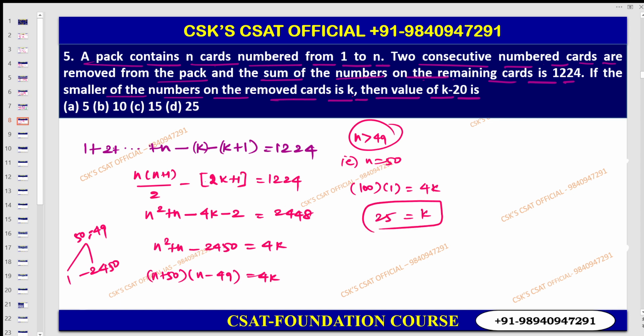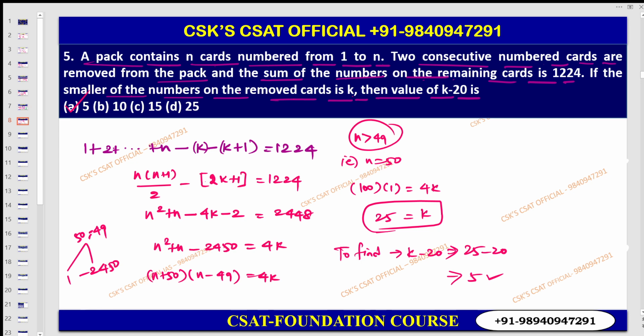So this is going to be the smallest, right? But you need to find the value of k minus 20. So therefore 25 minus 20, which is equal to 5. Answer here is 5. Understood? What you need to find out, that is very, very important.